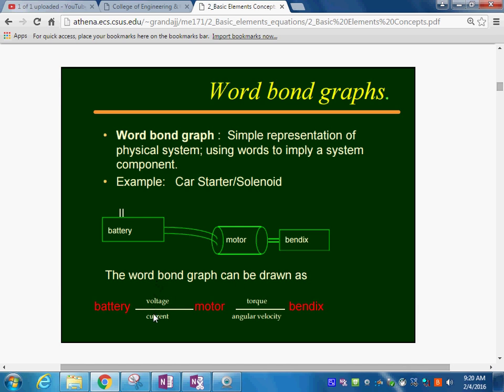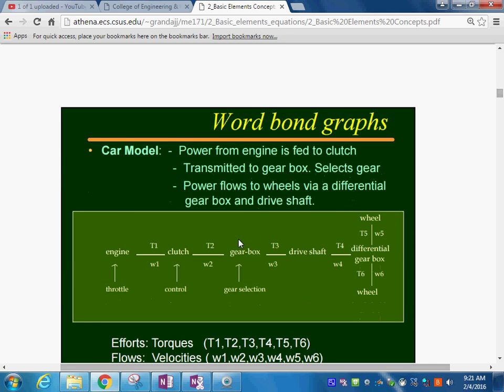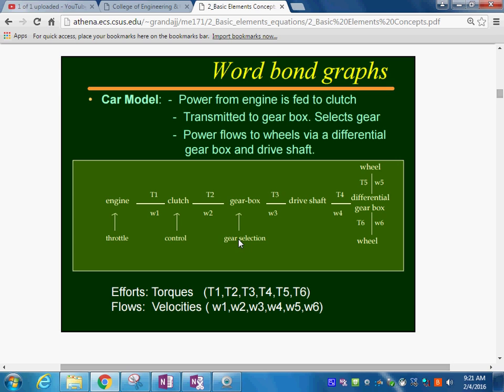It communicates through those two power variables, one called voltage, the other one called current. And if you have this for a mechanical system, it would be the torque and the angular velocity. So that is the so-called bond graphs.